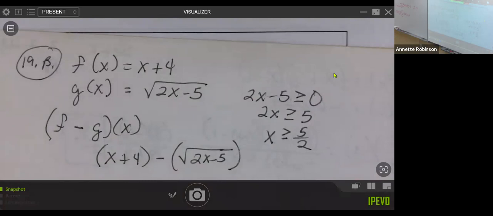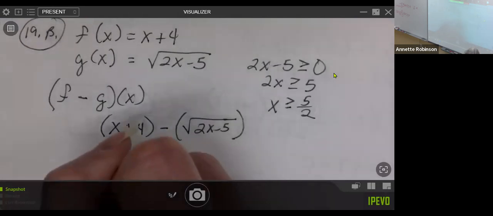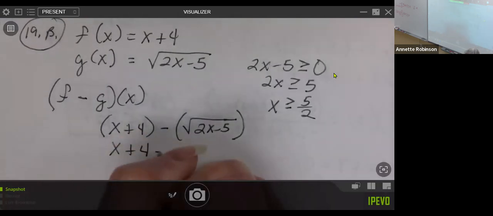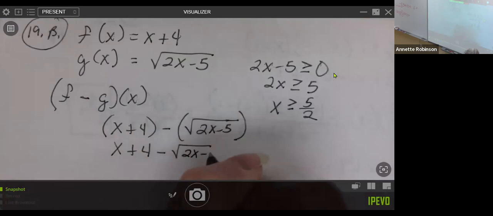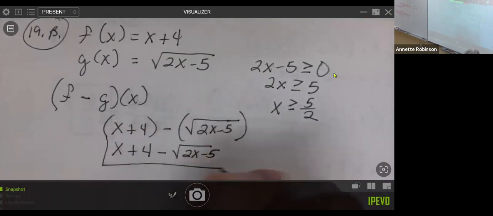The minus sign in front of that cannot go through the square root, a concrete steel wall. It just won't penetrate it. So simply x plus 4 minus the square root of 2x minus 5 would be your answer to this part.